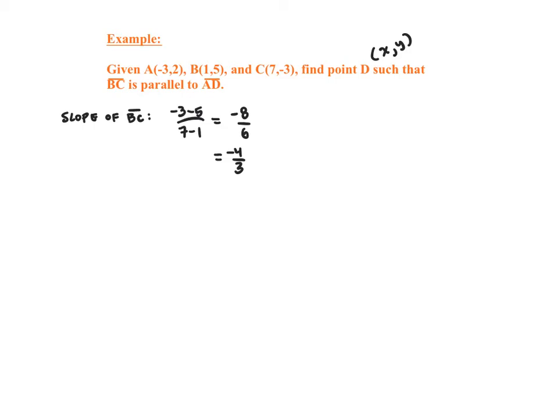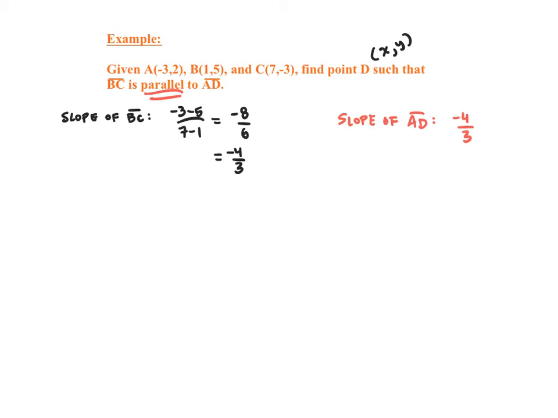If these two are to be parallel, I want the slope of AD to be equal to negative 4/3 as well. Okay, thus that would make AD and BC parallel.